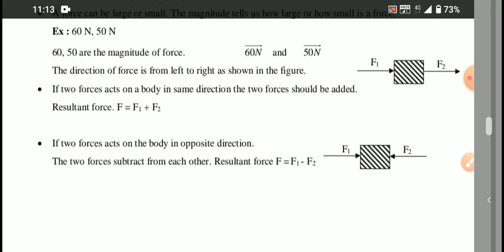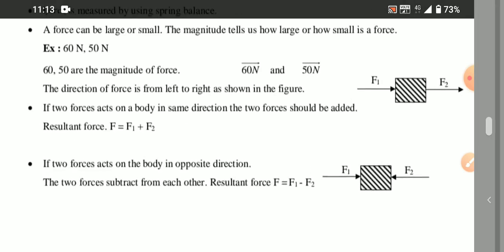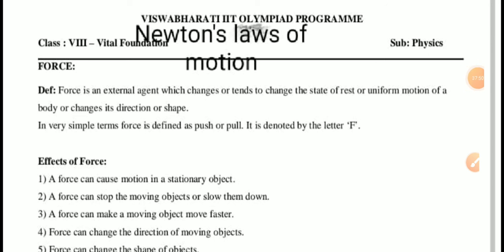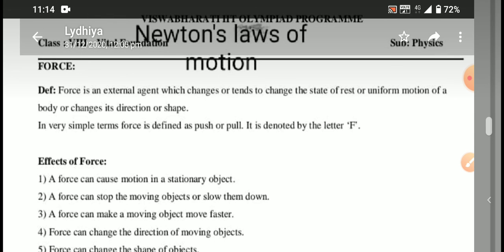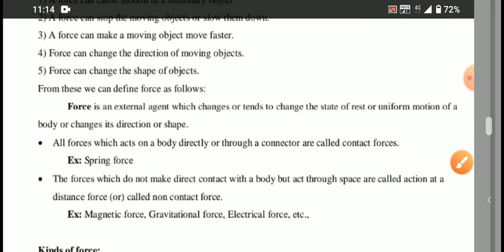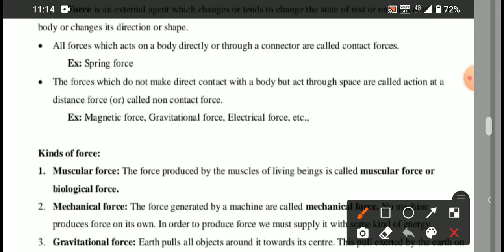In the next video I will give you a practice paper. We have completed today's lesson about Newton's laws of motion. Let us recapitulate what we have learnt. We learnt about force, effects of forces, and two kinds of force: contact and non-contact force.